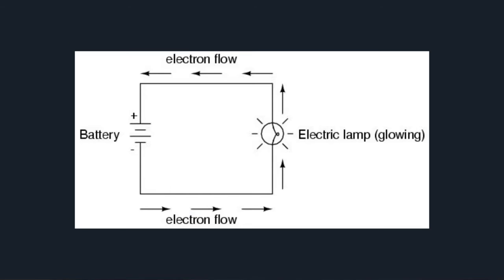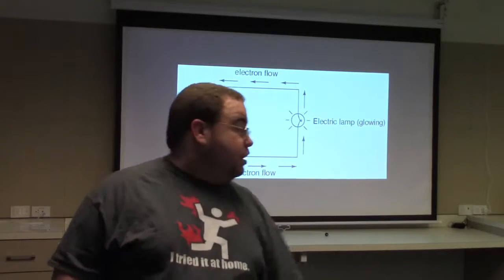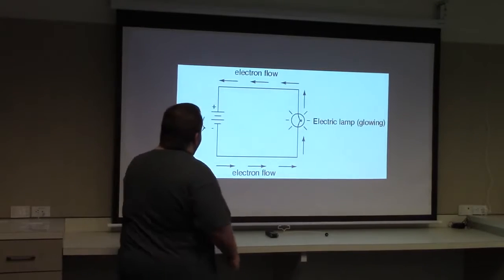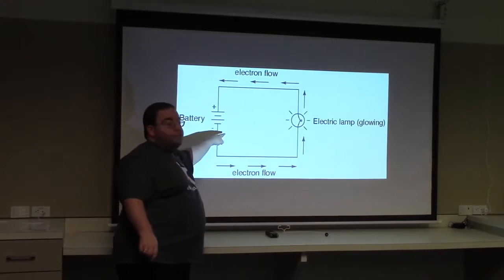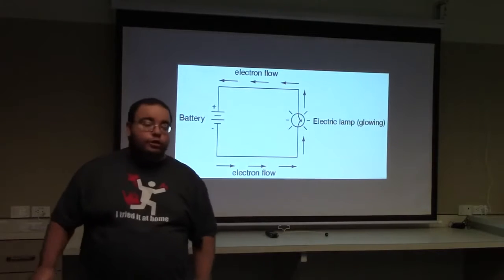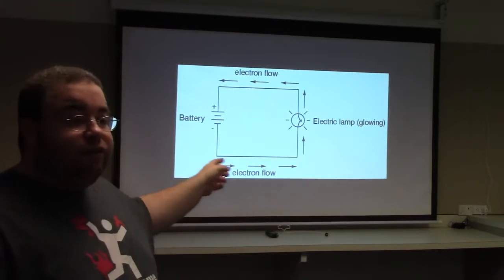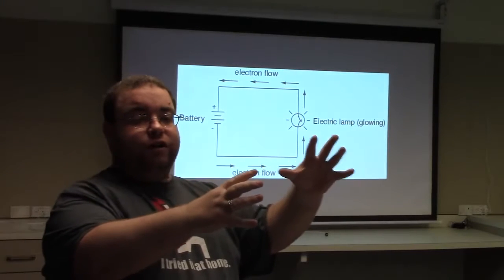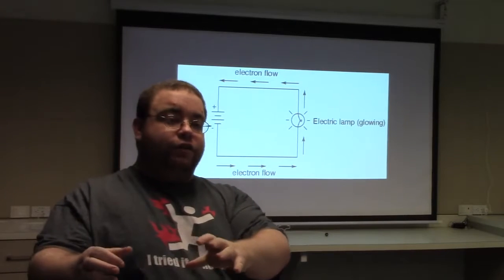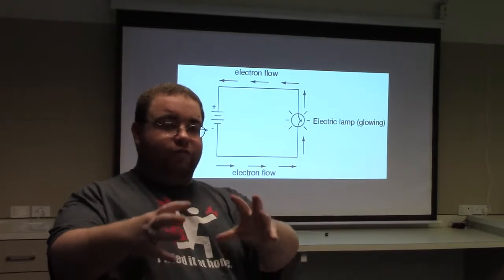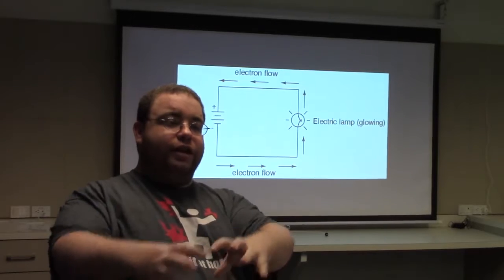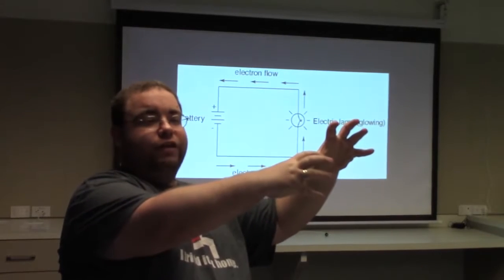So this is the basic, simplest electric circuit that does something, which is we have some source of voltage, which all voltage is a potential difference. One end of that battery is going to be highly negatively charged, the other end is going to be highly positively charged. So we have stripped off most of the electrons from one end and deposited them on the other end.